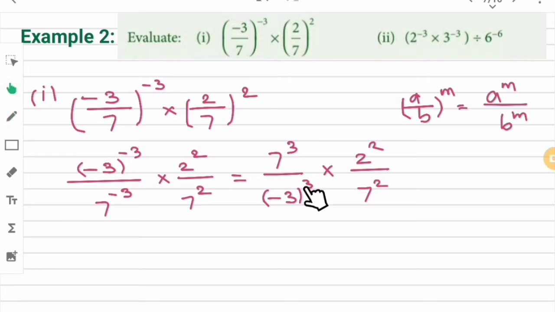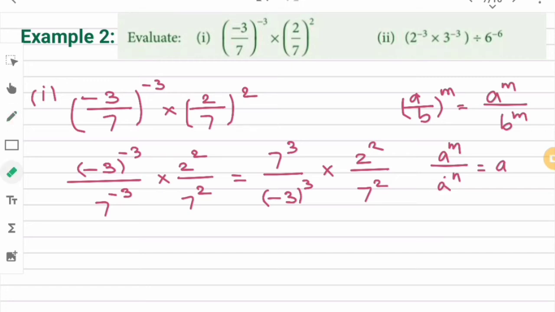Now you can see 7 power 3 and 7 power 2. That means if you are having a same base in a division, what is the law?